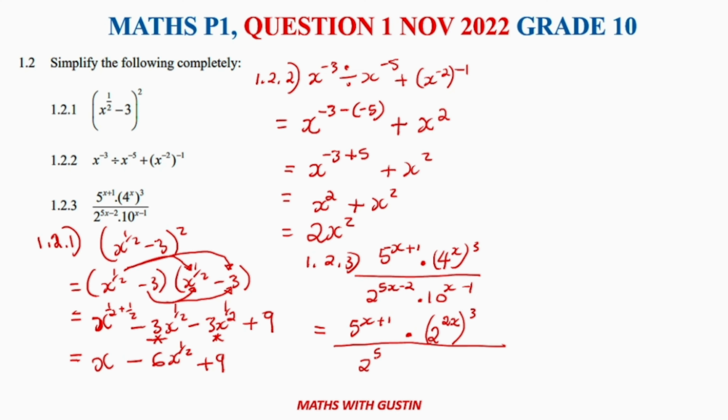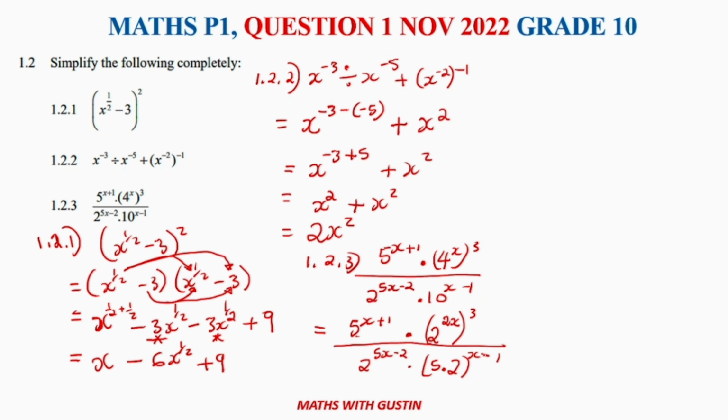Therefore 2, there's nothing we can do here. We're just going to write it down the way it is. And then right here, the 10, because we've already got a 5 and a 2, we can express this in terms of 5 times 2 so that we can simplify it. Okay, and this is how you would deal with this one, guys, in this instance.